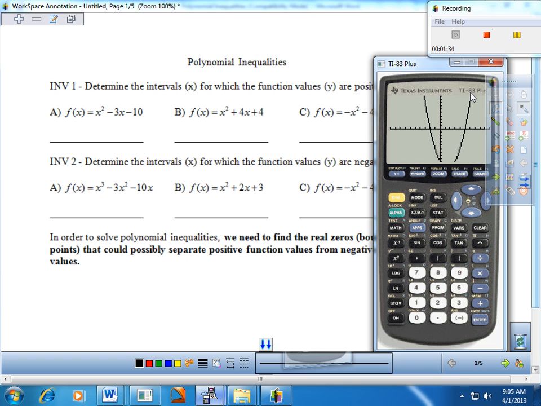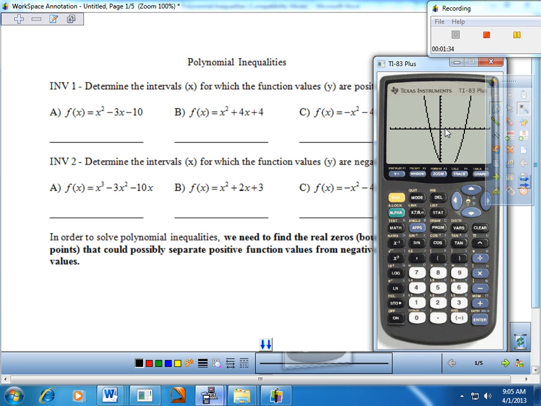And so how would you talk about this from a horizontal perspective? Well, it looks like the graph is above the x-axis if we are anywhere to the left of -2. Is everyone okay with that? Here's -2 right here, which represents the x-intercept. If I am to the left of -2, then I'm going up and up and up above the x-axis.